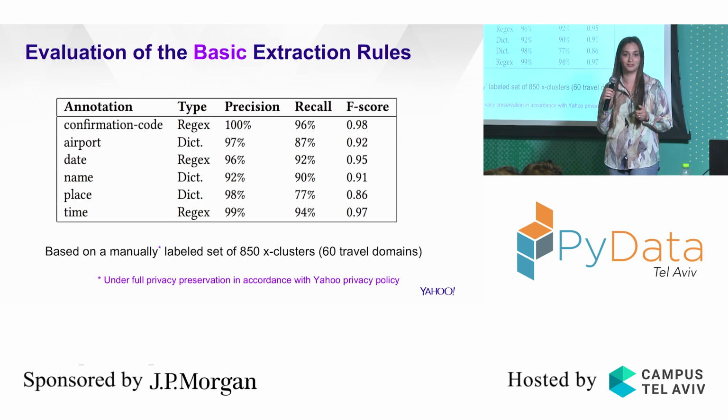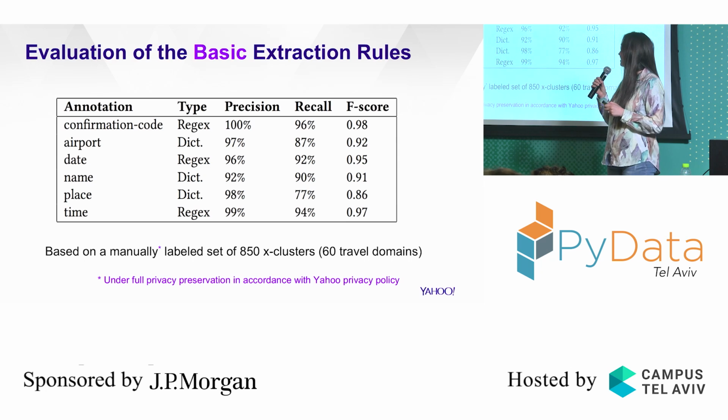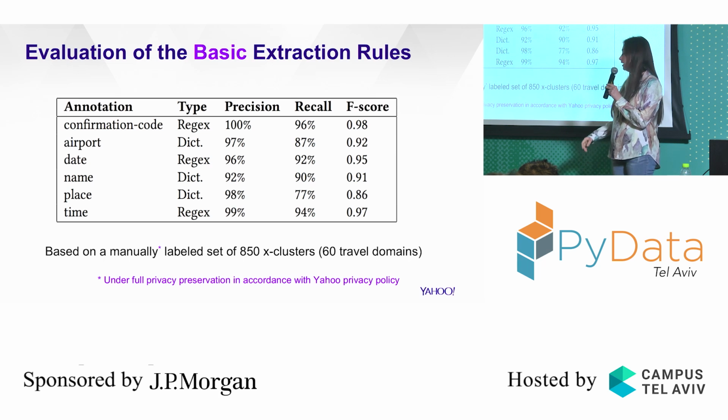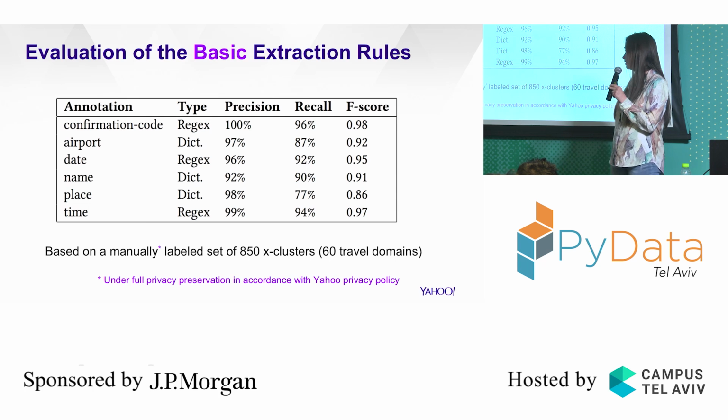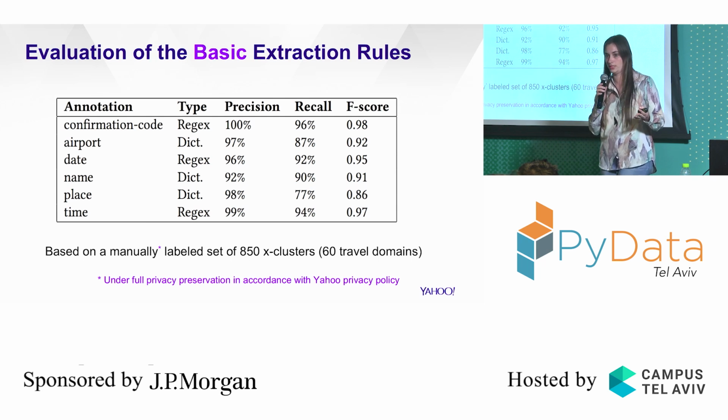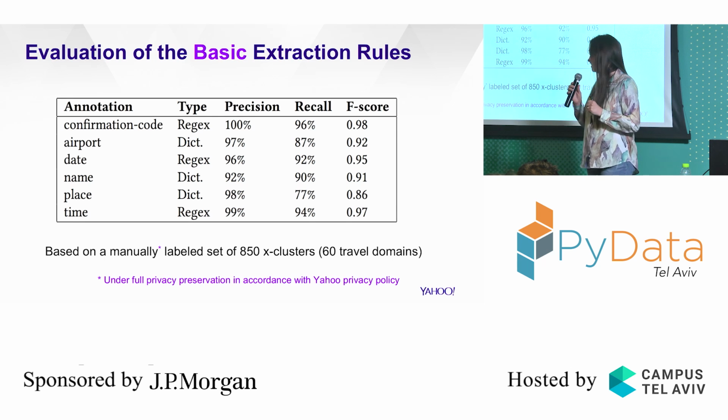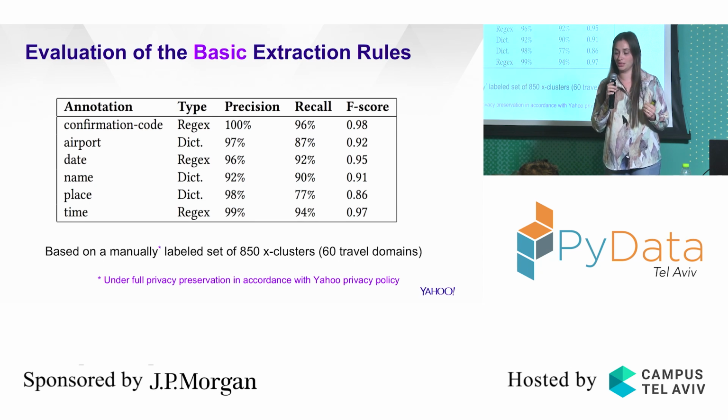We work with precision and recall, and we looked at a manually labeled set of 850 X clusters that covered 6 travel domains. Obviously, the labeling was done under full privacy preservation according to Yahoo privacy policy.